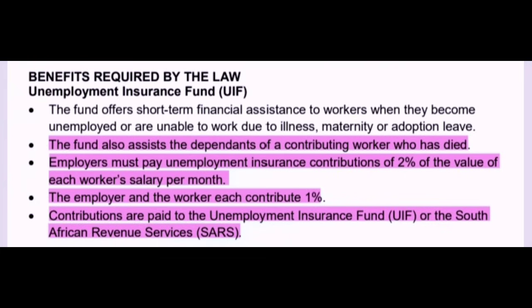Employers must pay an employment insurance contribution of 2% of the value of each worker's salary per month. These are the benefits that are required by the law. The fund also assists the dependents of a contributing worker who has died.